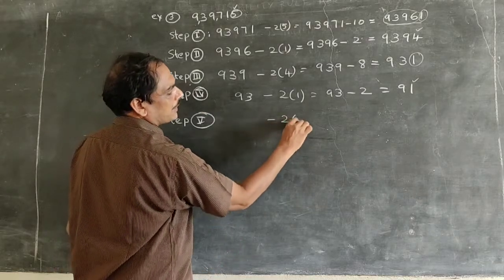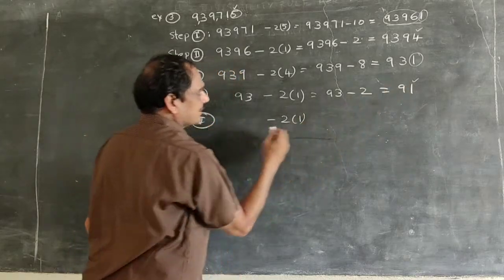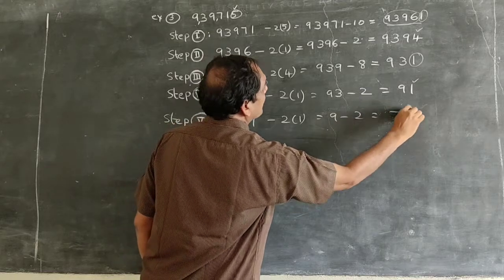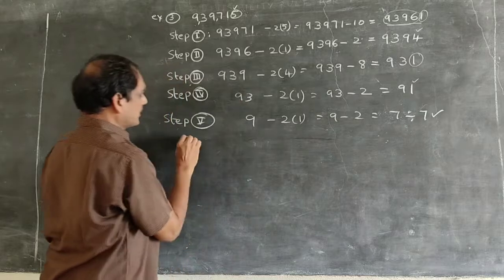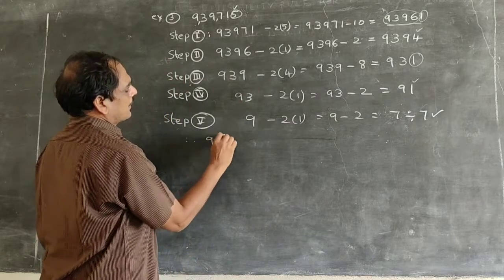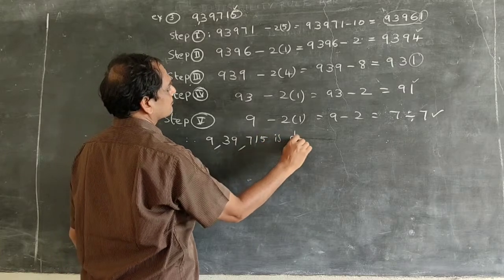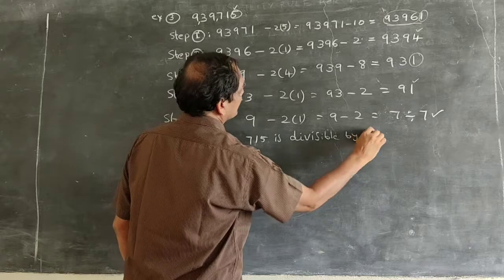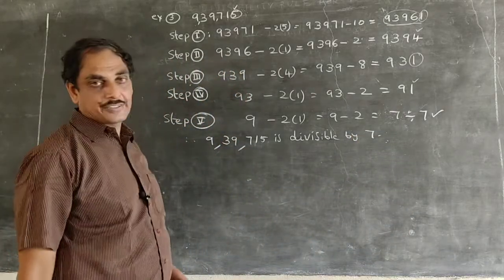Again we multiply it by 2 and subtract it from the rest of the digits, which is 9. That is equal to 9 minus 2 equal to 7. So 7 is divisible by 7. Therefore the number 9,39,715 is divisible by 7. So this is the third example.